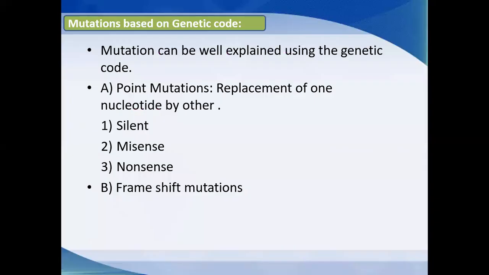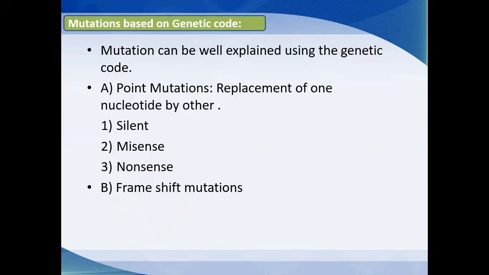Next, we can learn about some mutations based on the genetic code. Mutations can be explained using the genetic code also. Two types of mutations generally take place in the DNA molecule of organisms: one is point mutations, another is frameshift mutations.